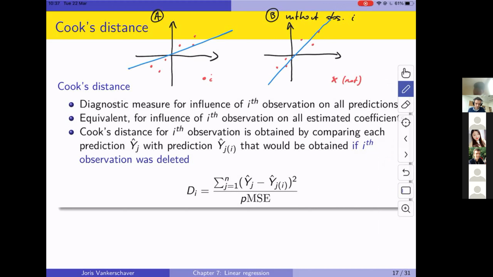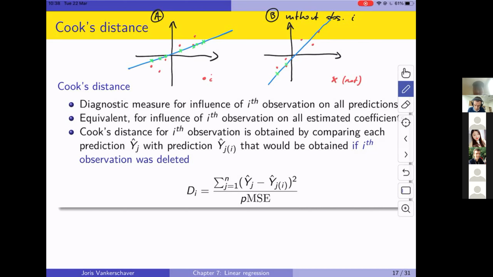So now, how do we compute Cook's distance? Well, we look at the predictions for each of the observations under both models. So we look at for each data point, what are the predictions that I'm going to make? So this, and this, let's say. And now I look at model B without observation I, and I again look at the prediction.